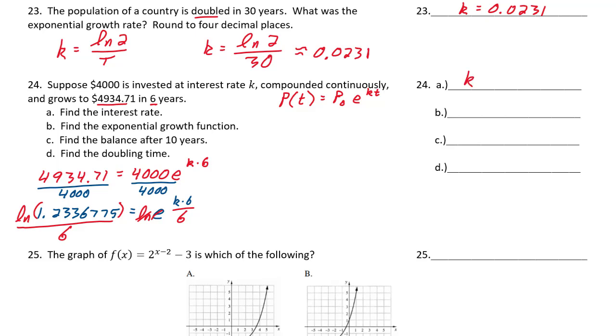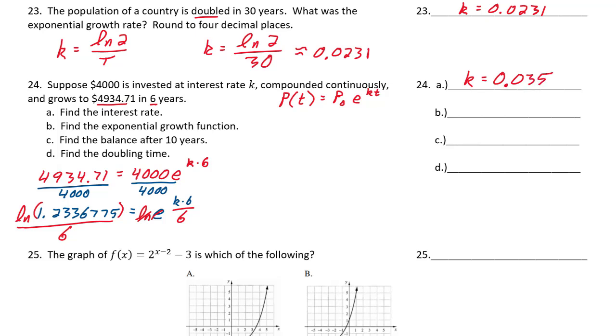So our k value is going to equal, it looks like, the natural log of that number divided by 6. And I get 0.03499999, so I'll just call that 0.035.